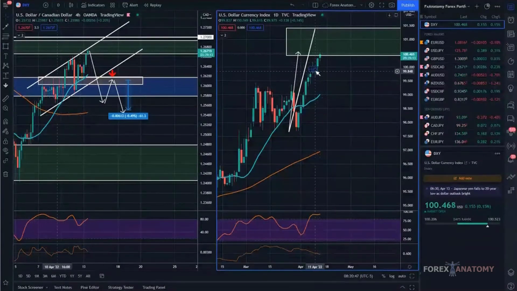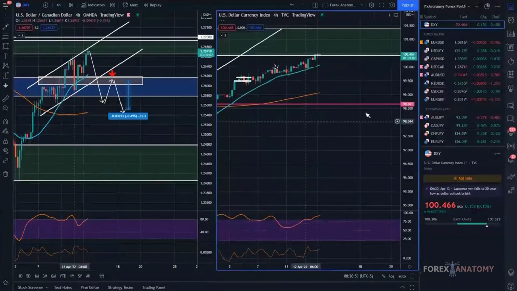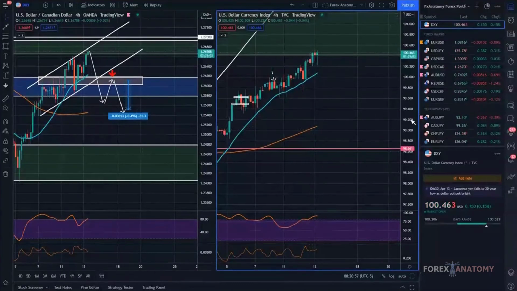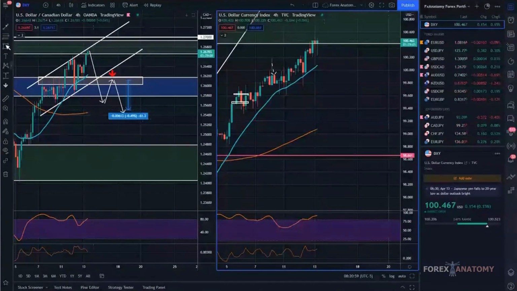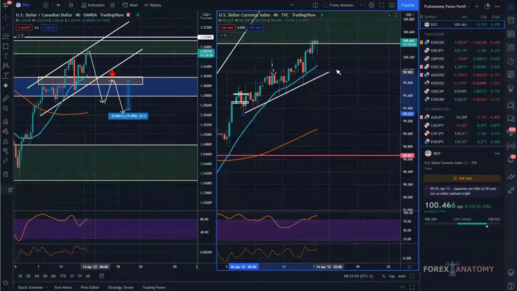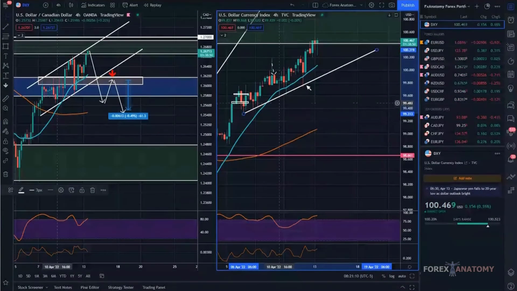Now, if we drop down to the 4-hour, we see something quite similar, but not exactly the same. We definitely see price creating sort of like a rising channel or higher lows right here.